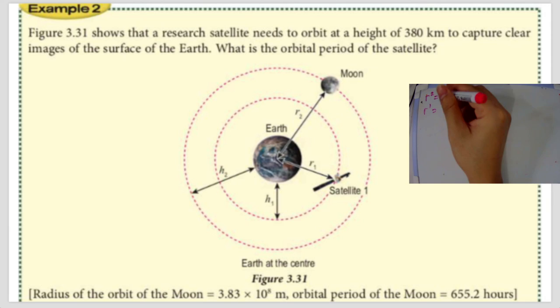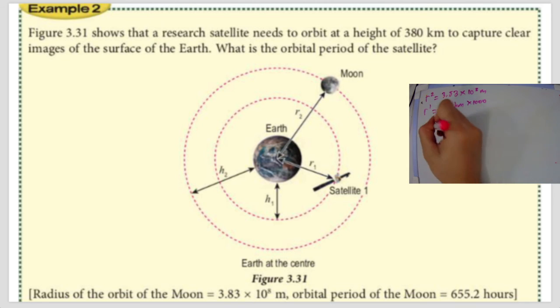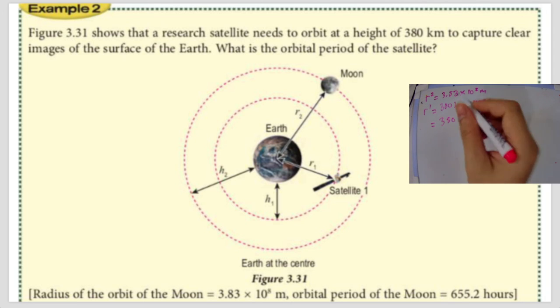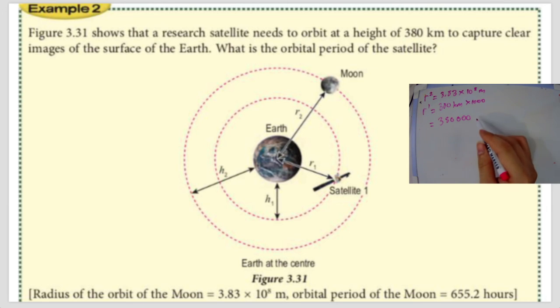It's mentioned to be at a height of 380 kilometers. So we need to change that into meters, times 1000. And so we should end up with 380,000 meters, right?